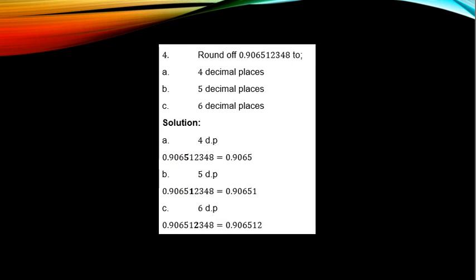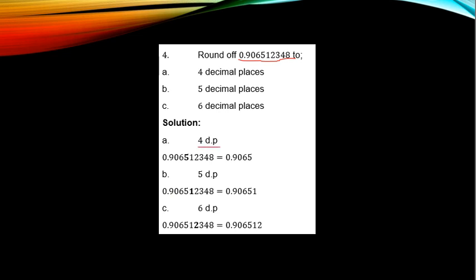Okay, all right, example 4. Round off 0.906512348 to 4 decimal places, 5 decimal places, 6 decimal places. So the first one is 4DP.